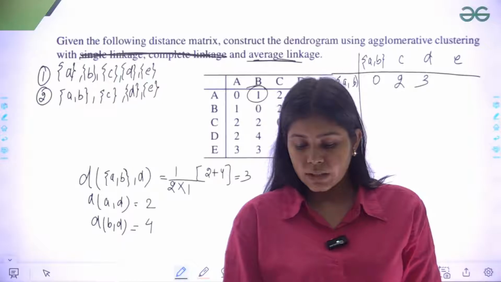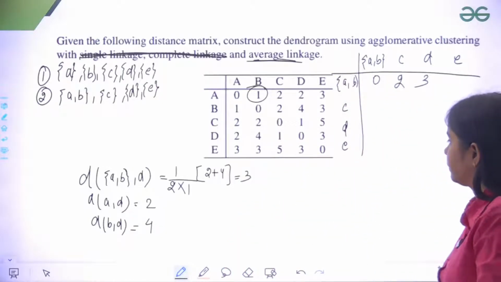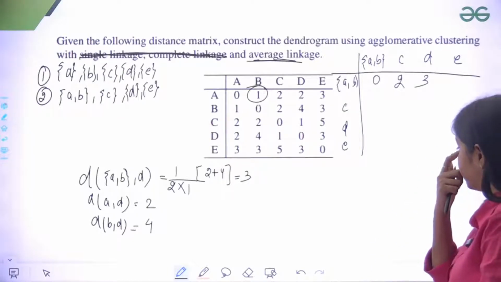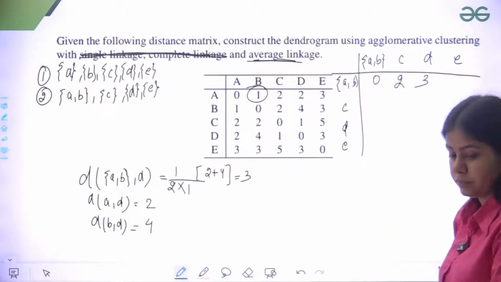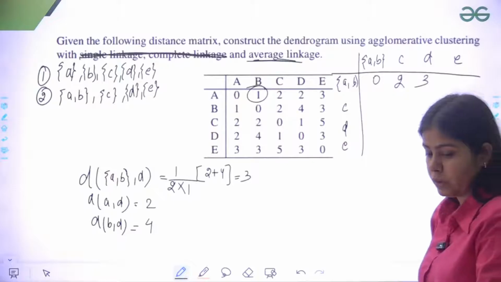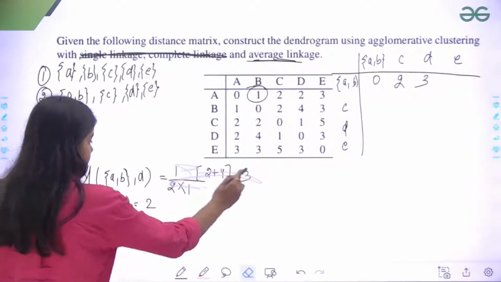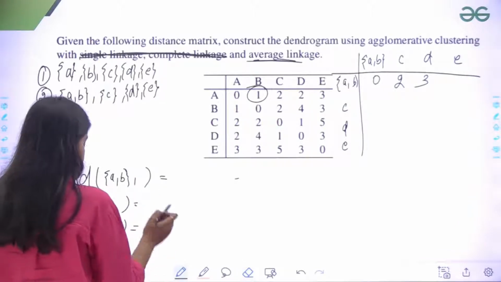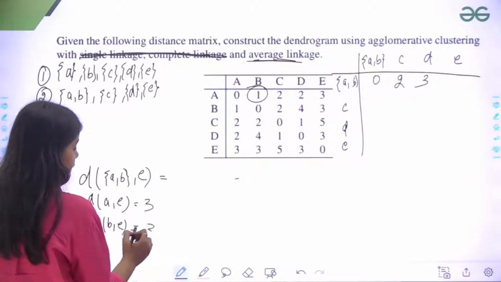Now the distance of AB with E: the distance of A to E is 3, the distance of B to E is 3.